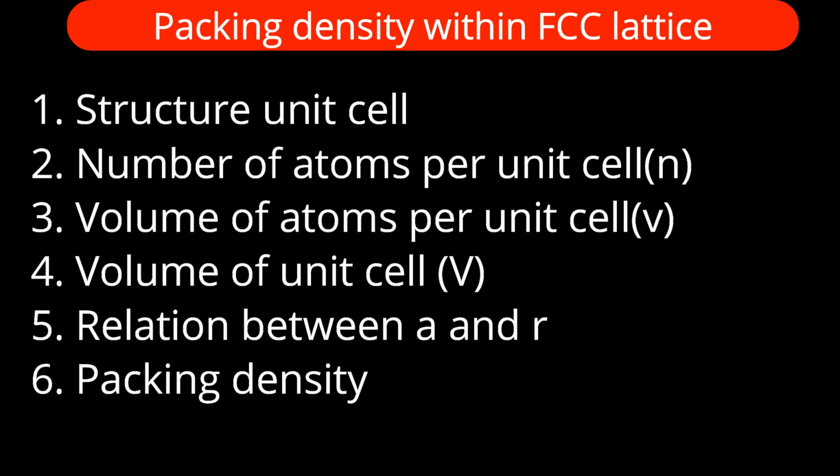That's our fourth point. Our unit cell is in cubic form and the cell dimension, the unit cell parameter, is small a. So a cube is the volume of the unit cell, capital V. And fifth point is we need to find the relationship between a and r. For that, we need to understand the structure of the lattice, the structure of the unit cell, which atoms touch each other, and that touching line we have to represent in terms of the cell parameter.